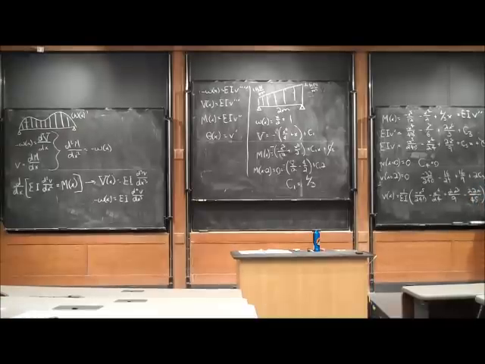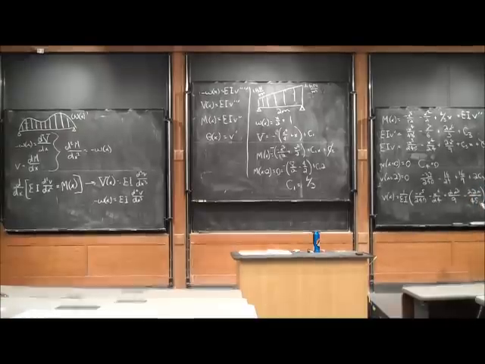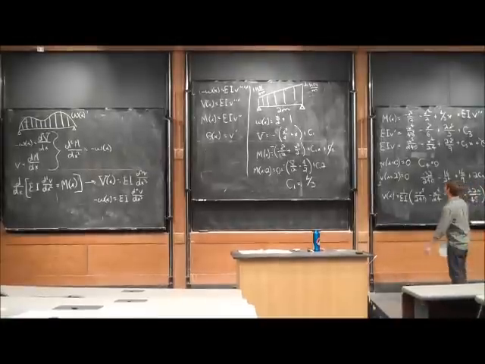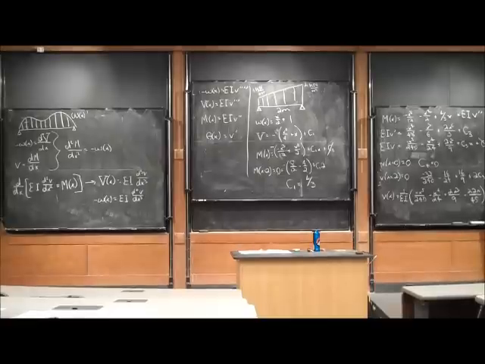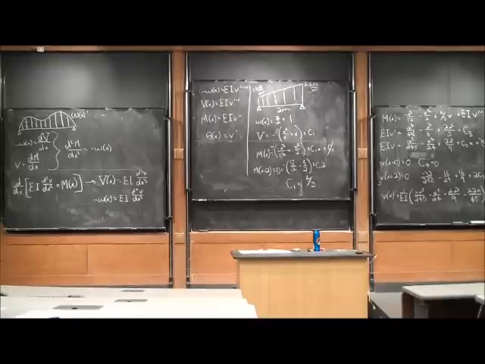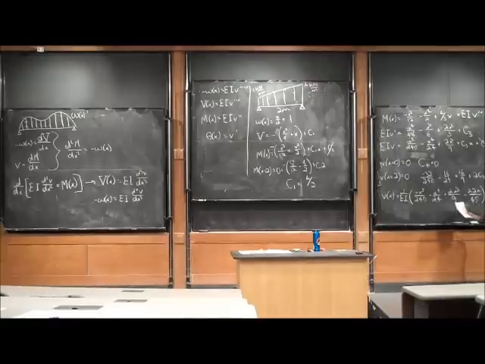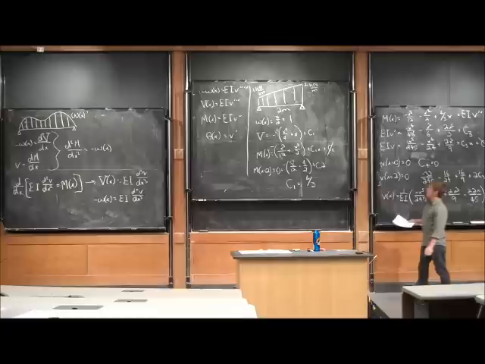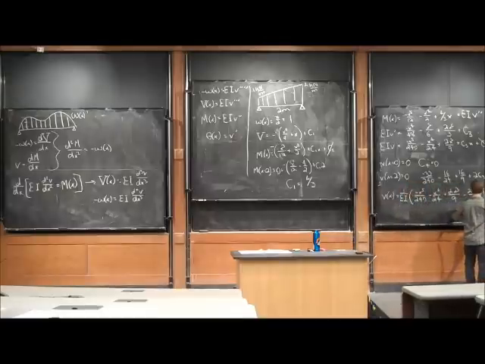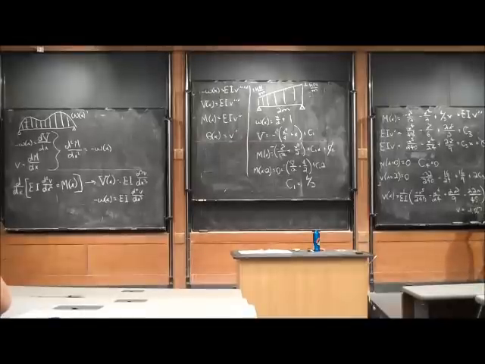If I say that EI was given to be 200, with units of kilonewton meter squared, I can find that the deflection at the midpoint of the beam, so at x is equal to 1, would be something like negative 1.563 millimeters.